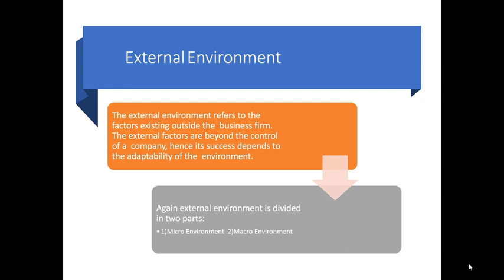Okay, so if a company can withstand all these factors affecting it, that is your external factors like social impact, your government policies, your political factors, your economic factors, and all these factors, it means it's the success of your company. Okay, so again, external environment is divided into two things, that is micro environment and macro environment. So micro environment and macro environment, what are they?